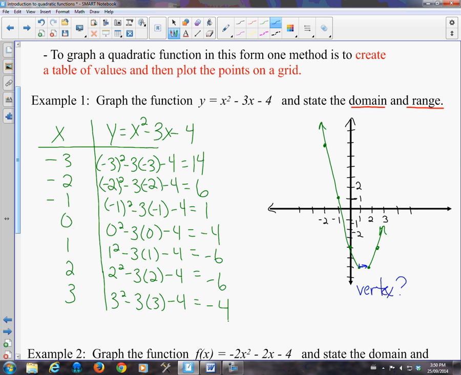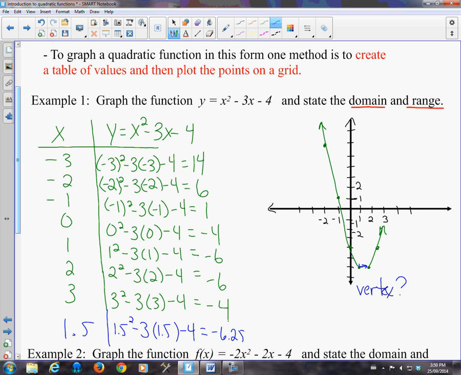Those 2 points at -6 are at x = 1 and 2. So right in the middle of 1 and 2 is 1.5. I'm going to put 1.5 into my equation, and I'm going to find out my vertex once I grab my calculator. So we have 1.5 squared minus 3 times 1.5 minus 4, which is negative 6.25.